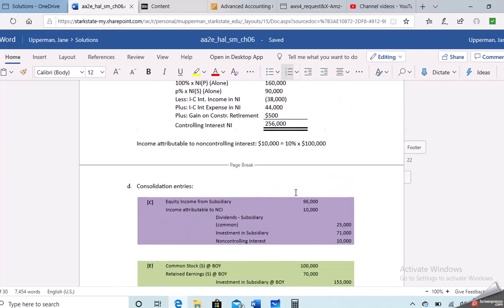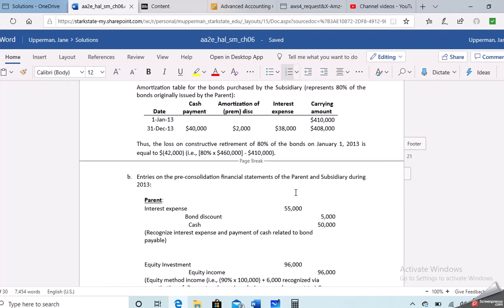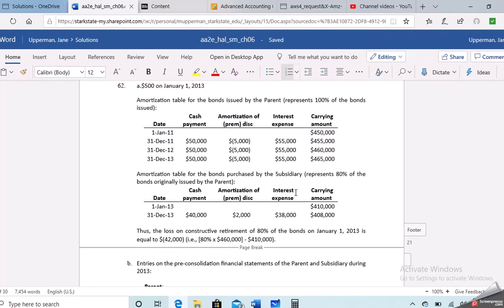If we go back up here, the bonds payable at December 31st, 2013, the net would be the 500,000 times our 80%.